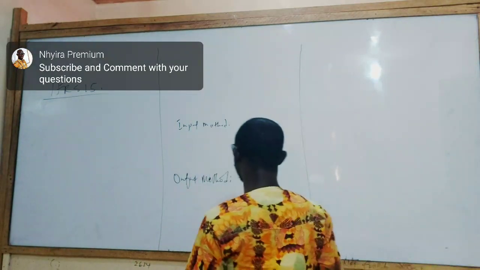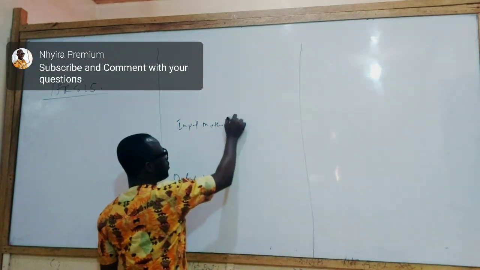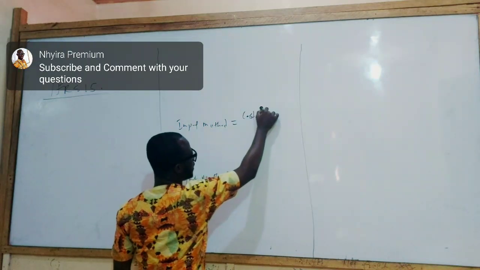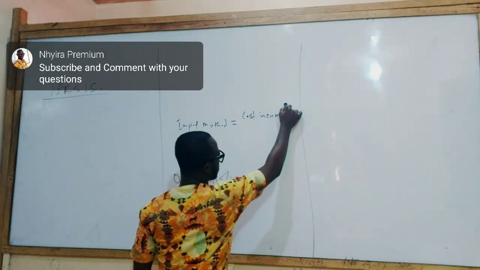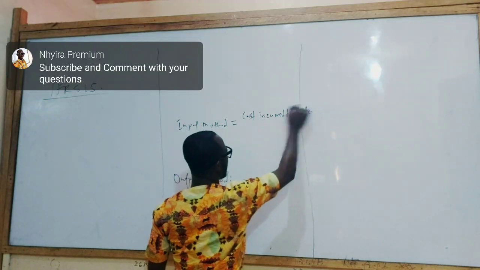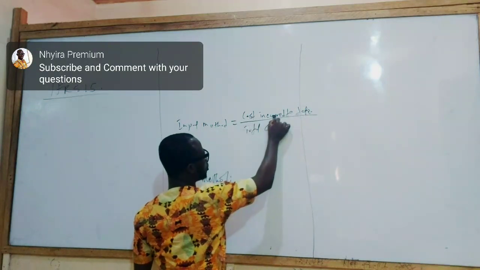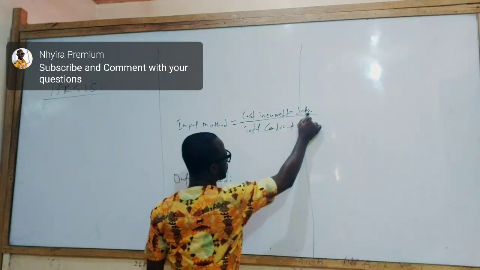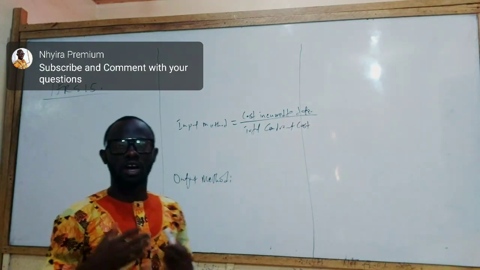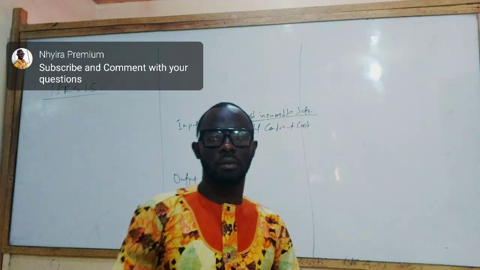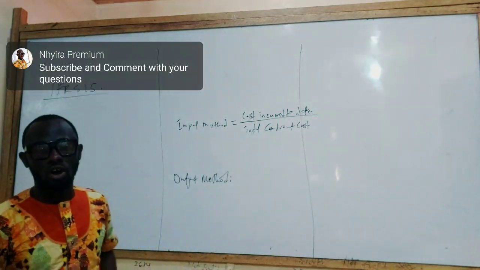Now, what is the input about? The input simply means cost incurred to date, so cost incurred to date divided by total contract cost. This is where you have to be careful about computation of the percentage of completion.